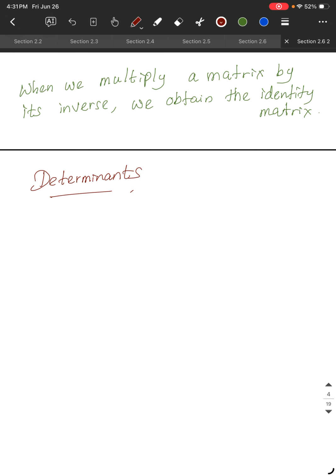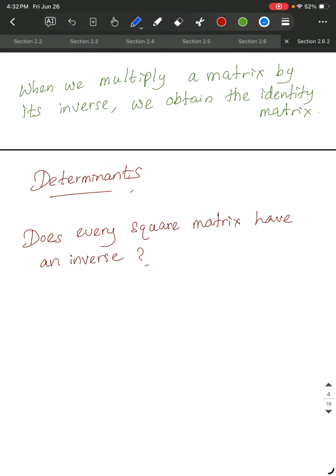No. To have an inverse, the matrix must be a square matrix, but not all square matrices have an inverse.